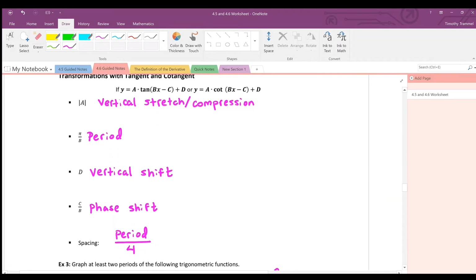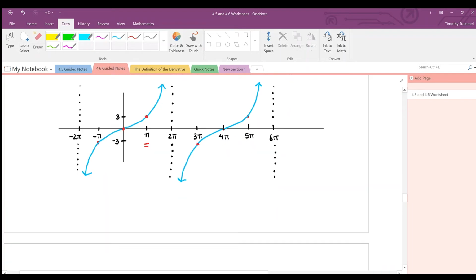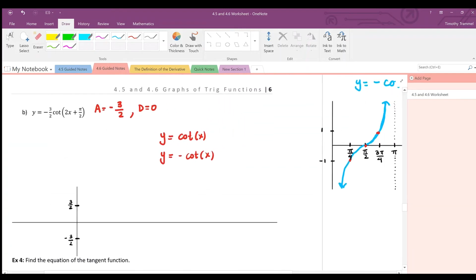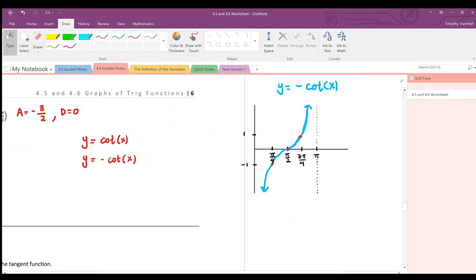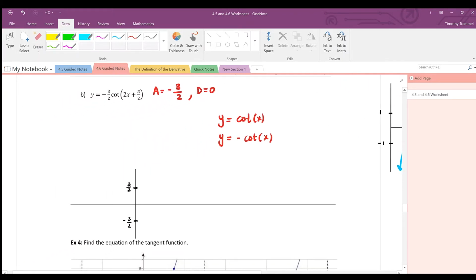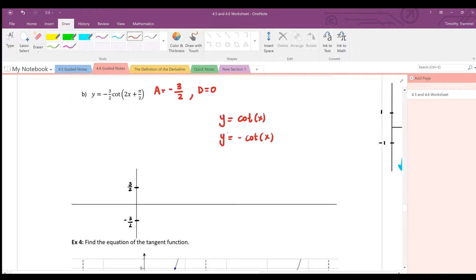Let's go down and see what this looks like. There we are. So here is minus cotangent of x. Now it looks very similar to tangent of x, other than the vertical asymptotes are in different places. All right. Next, we need to think about the period and the phase shift and the spacing.